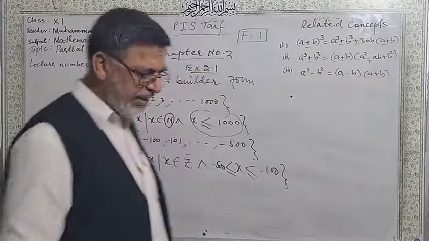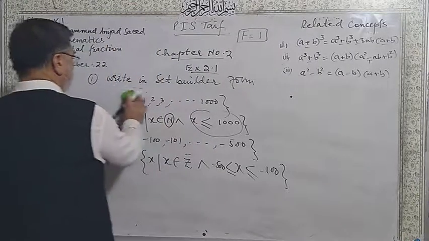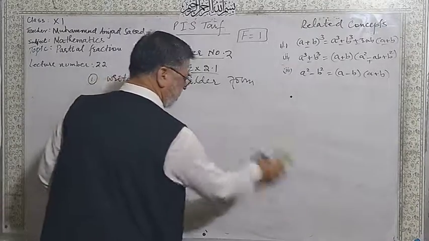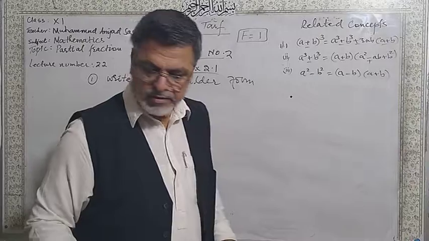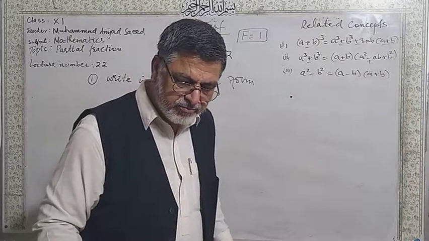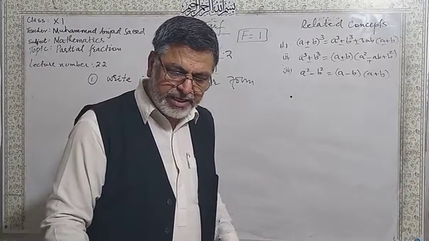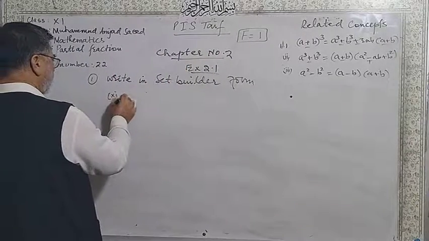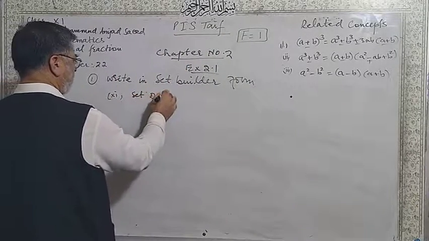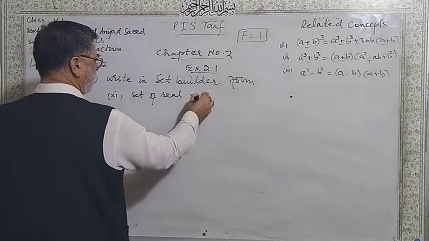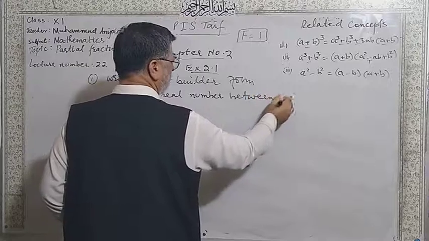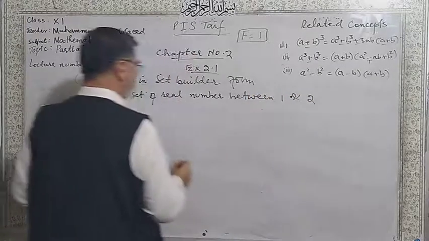After that we have, for example, the set of real numbers between 1 and 2.